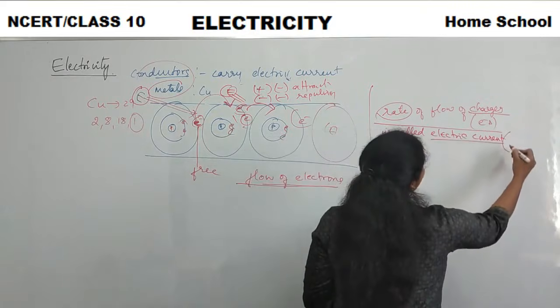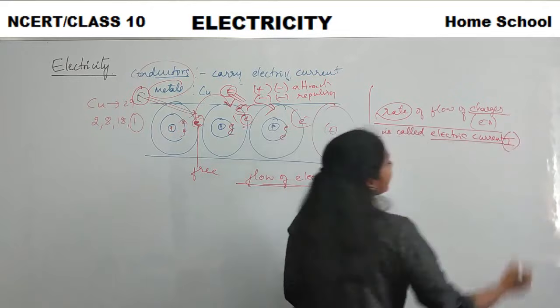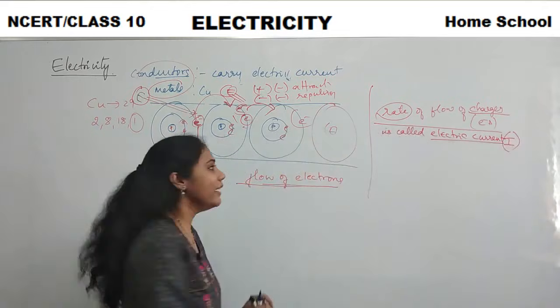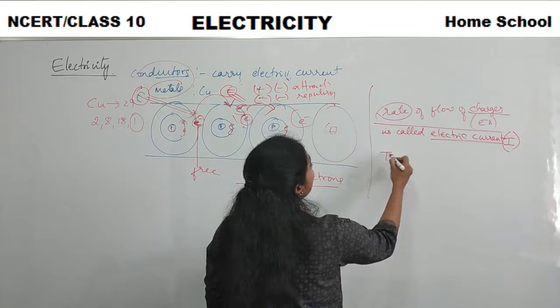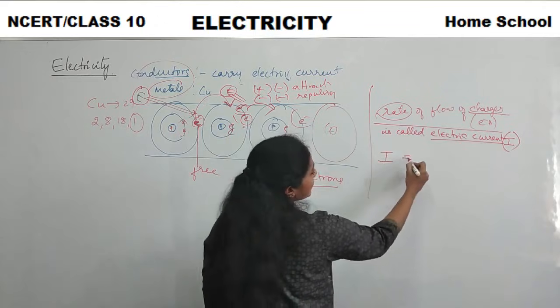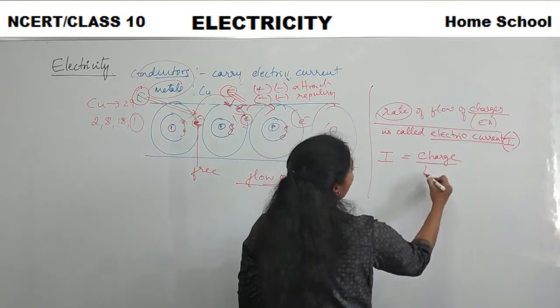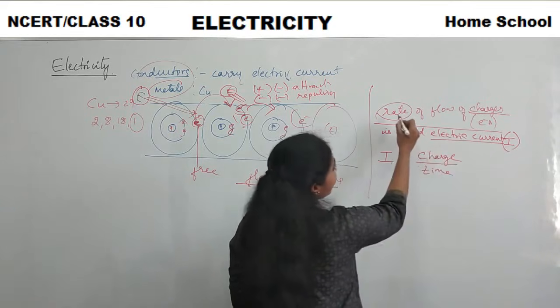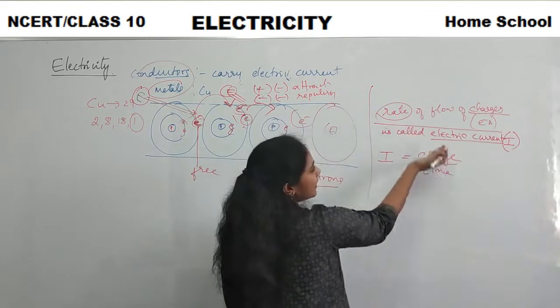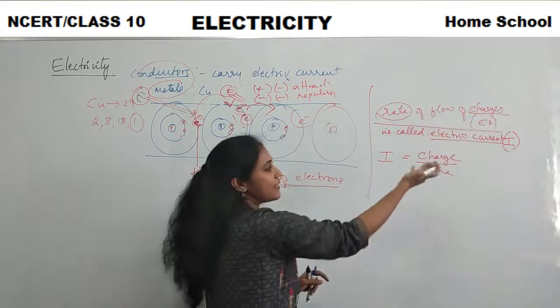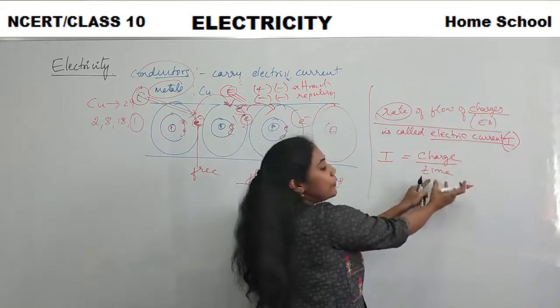Electric current is denoted with the capital letter I. So capital I, that is electric current, is equal to, what is the formula? Charge divided by time. Rate means anything by time, and here anything is charges, the flow of charges in a particular amount of time.